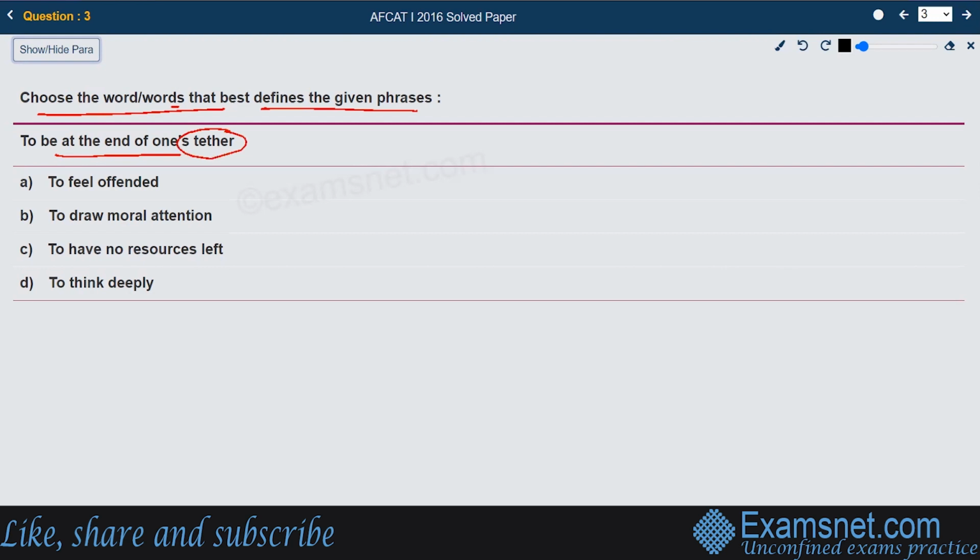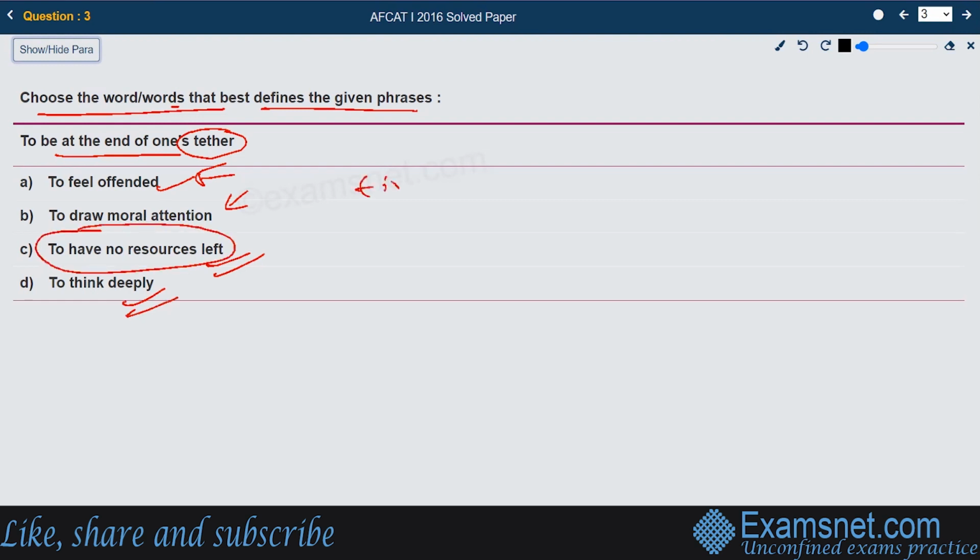Looking at the options: to feel offended, that means somebody is feeling offended because of some act, or feeling reactive to something. The next one is to draw moral attention, somebody wants to seek the attention of someone. Then, to have no resources left. And the last one is to think deeply. The right answer is to have no resources left.